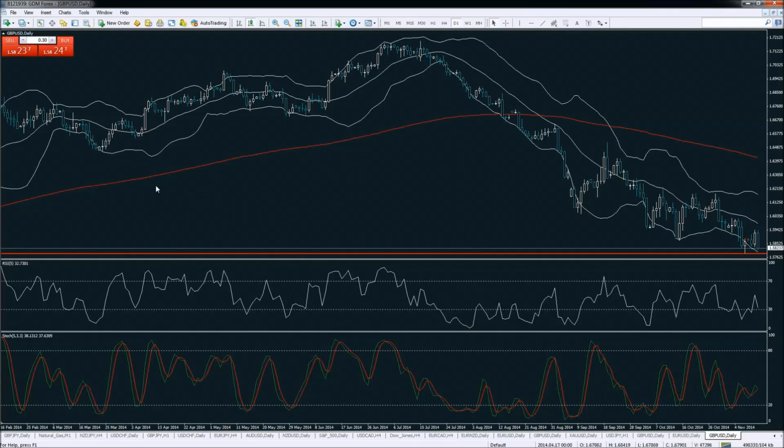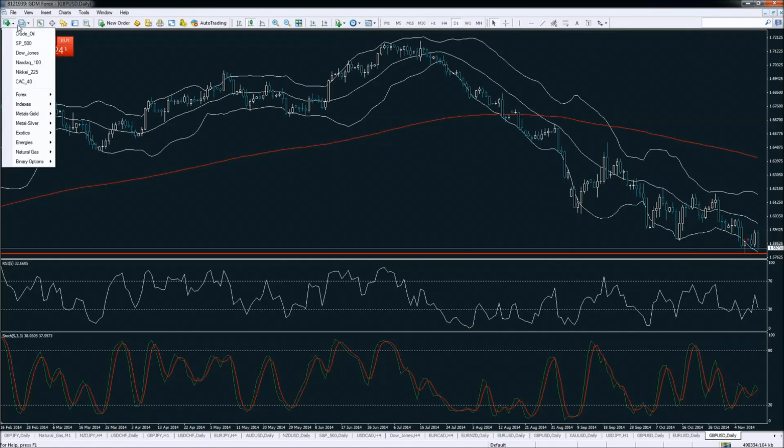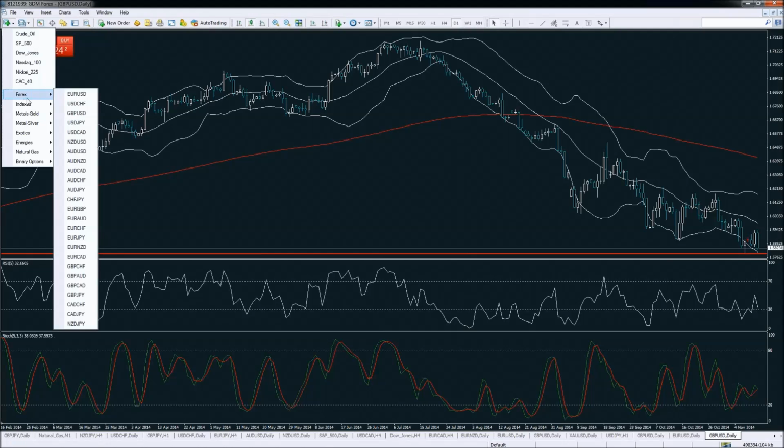Let's take a look at another example here. We already took the cable and the Euro USD as an example. Should we say USD JPY? Somebody said USD JPY as a recommendation.